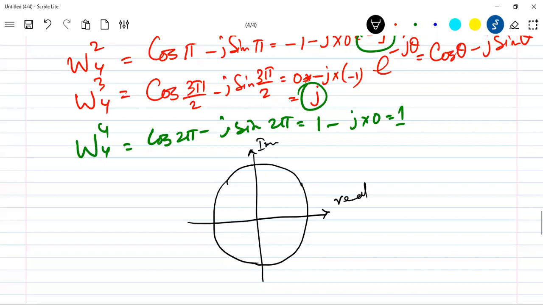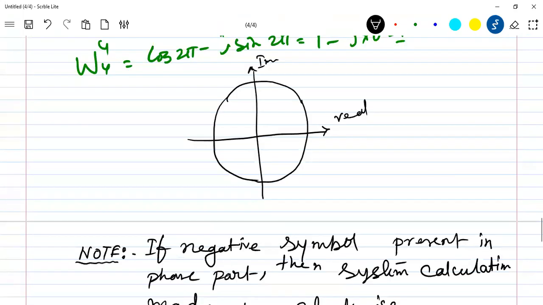So now we draw the figure. This point we are considering is W04. We are finding the DFT value, isn't it? So DFT value means clockwise, the negative sign is there. So this part is W14, this is W24, and this is W34. And what about the position of W44?